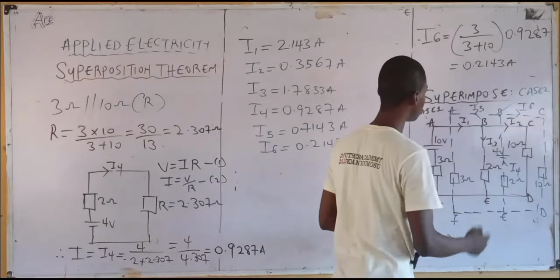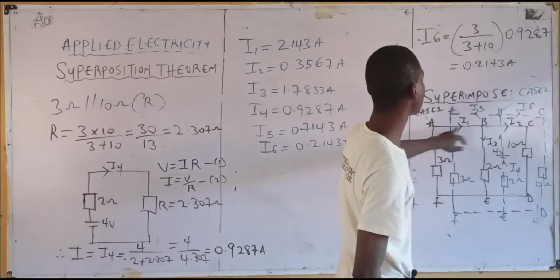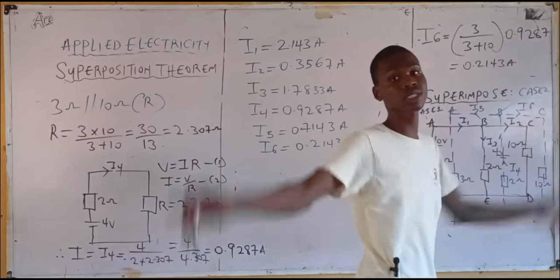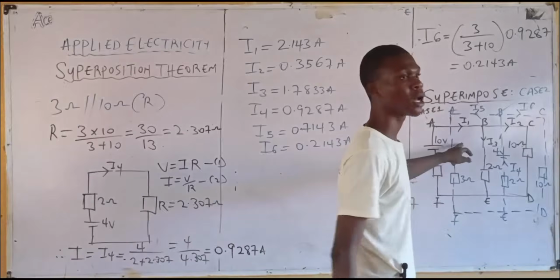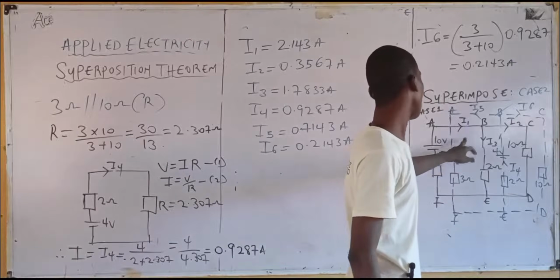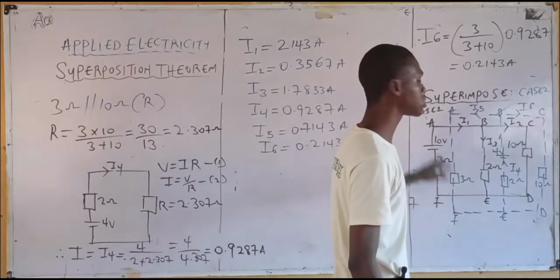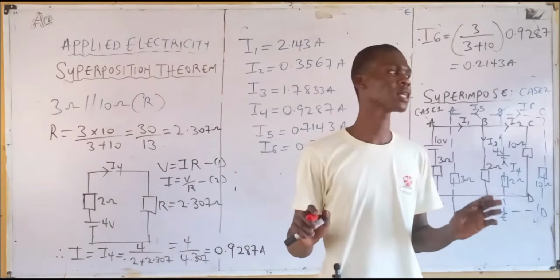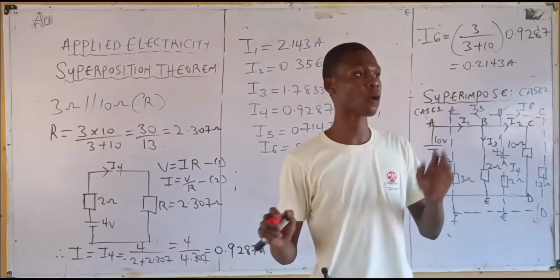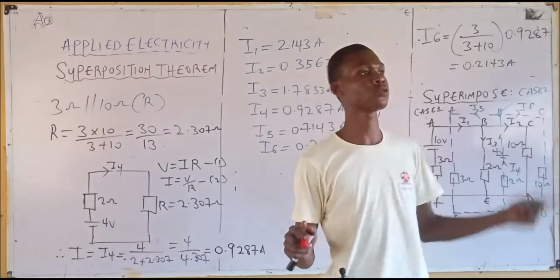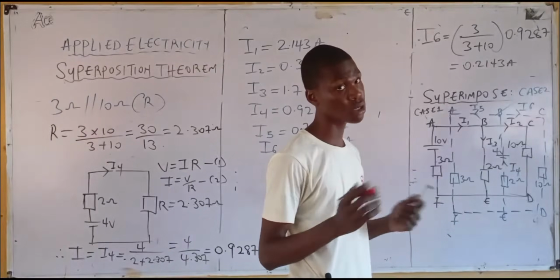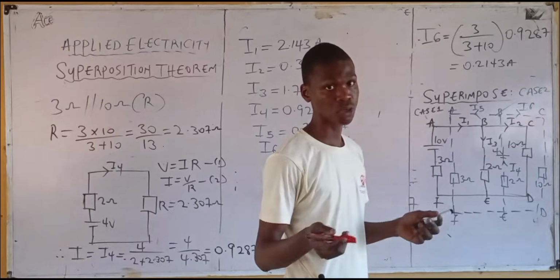Now let's get the resultant value. Come back to your diagram. That's what superimposing means. Now for case 1, branch AB, what's the value of current here? Let's do this together. I1 minus I5 will give a value of current, and that value is for which resistor? 3. Let's check very well, 3 or 2? 3.